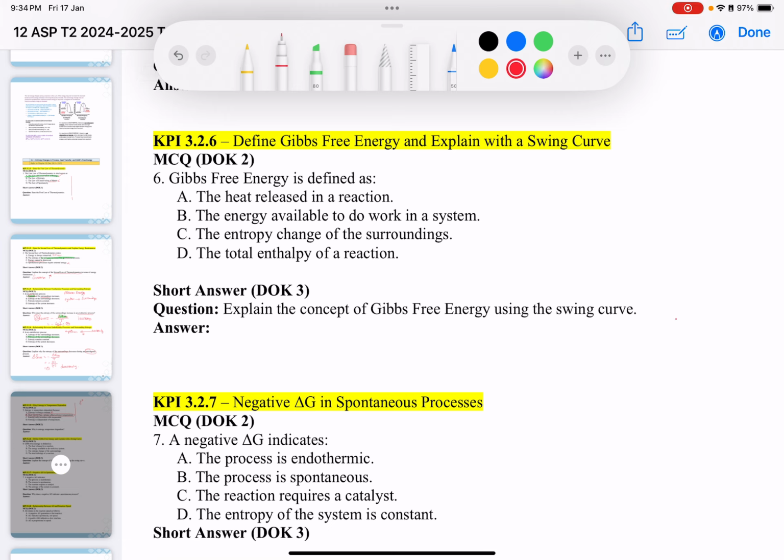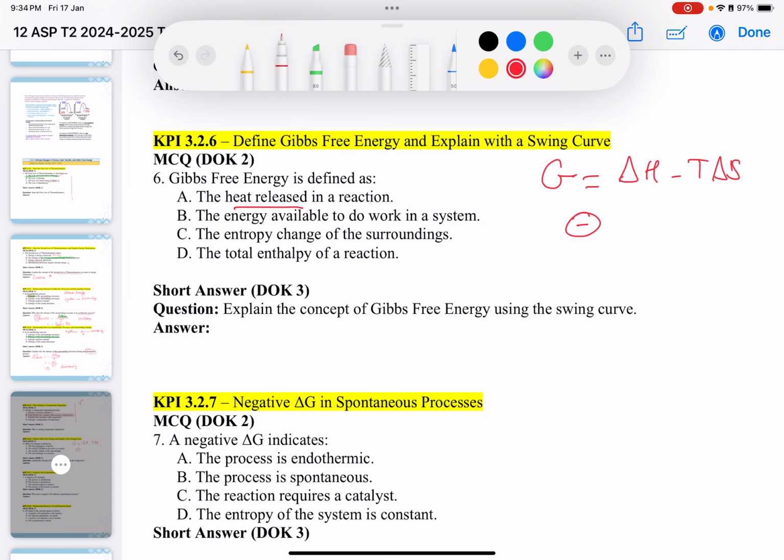Gibbs free energy, that is G. Gibbs free energy is defined by this equation. If there is a negative sign, it means that this is the work remaining to start a reaction, the available work to start the reaction.